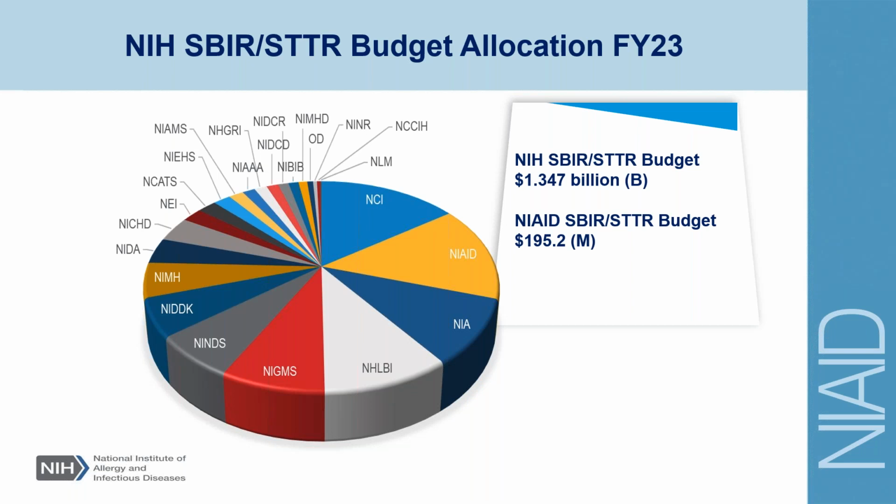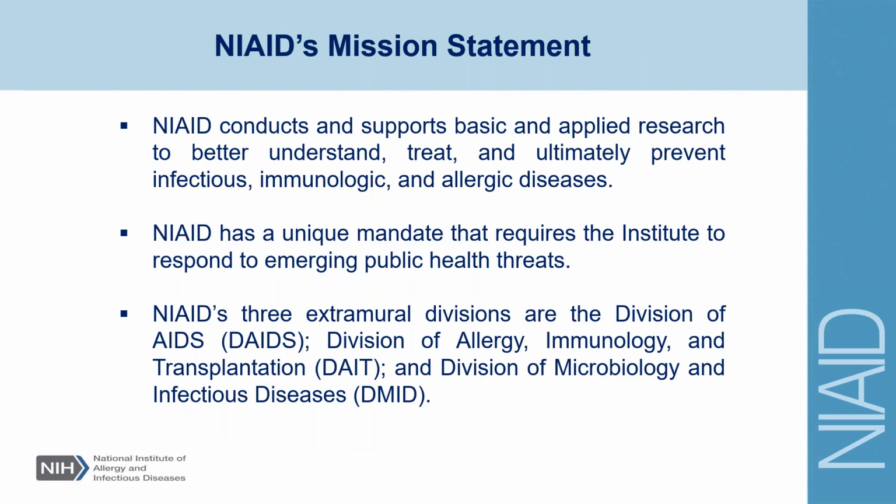Of all the NIH institutes and centers, the National Institute of Allergy and Infectious Diseases, NIAID, has the second largest SBIR STTR budget. That is approximately $195.2 million for fiscal year 2023.